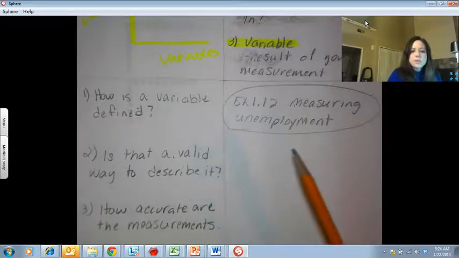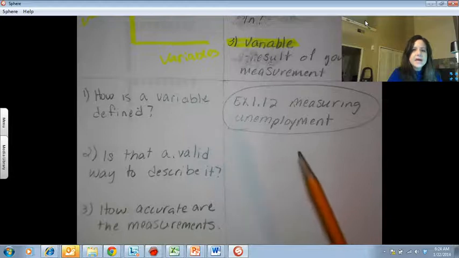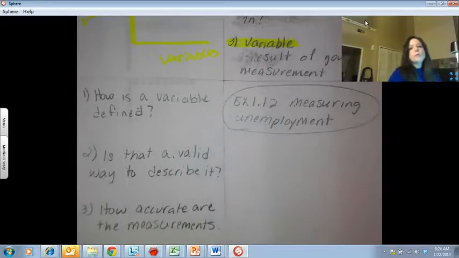So question 1, how is a variable defined? How do we define unemployment? Well, when you actually read through that example, you will realize that it's pretty tricky. And if somebody's out of work because they're on strike, let's say, they're not counted as unemployed. If they are unemployed but have given up on finding a job, they are also not counted in the unemployment.